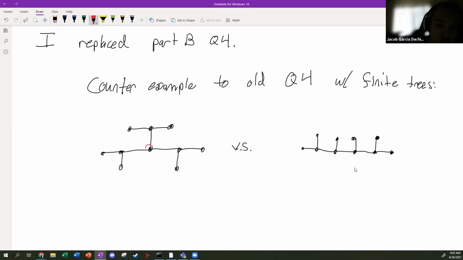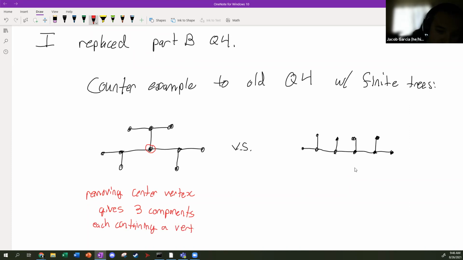But if I remove this vertex, the center vertex, it gives 3 components, each containing a vertex of degree 3.